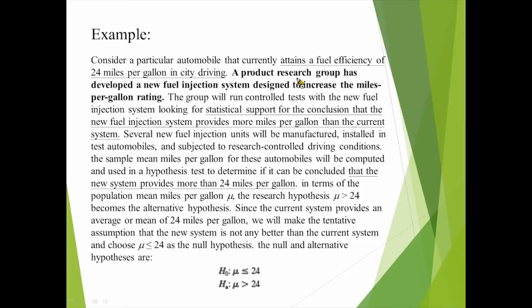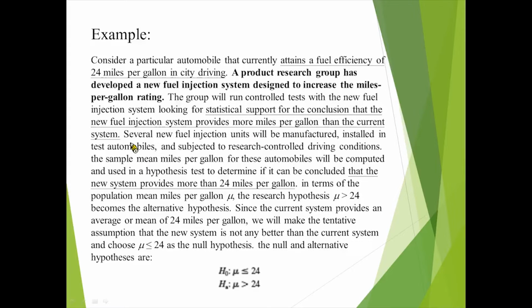A product research group has developed a new fuel injection system designed to increase the miles per gallon rating. The group will run controlled tests with the new fuel injection system, looking for statistical support for the conclusion that the new system provides more miles per gallon than the current system.